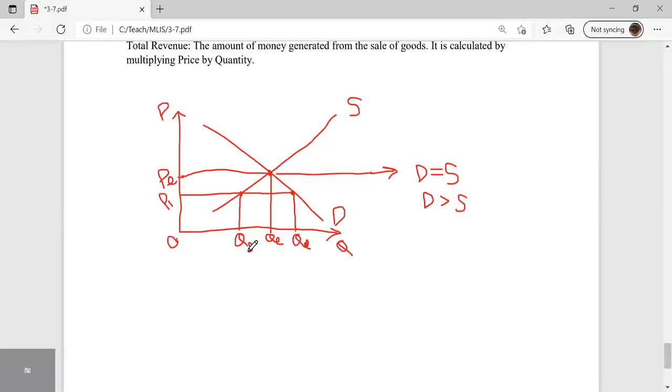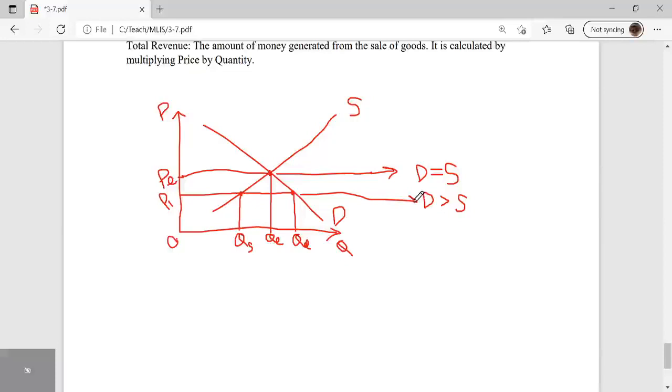Did you get it? When the price was at PE, it came from the demand and supply equilibrium, right? But this is known as a disequilibrium. This is a situation when demand is not equal to supply.